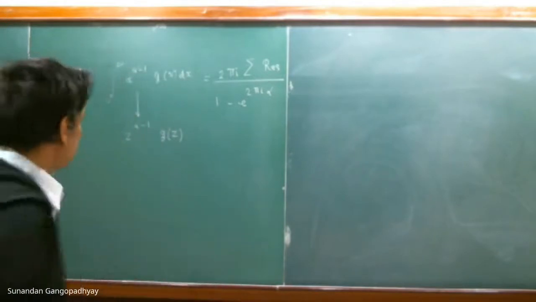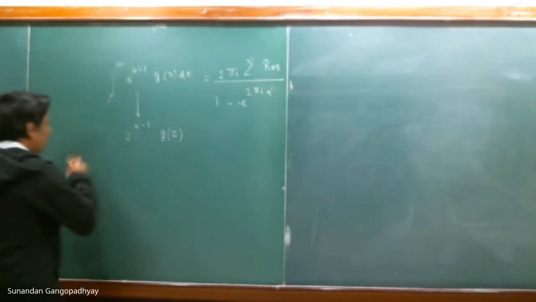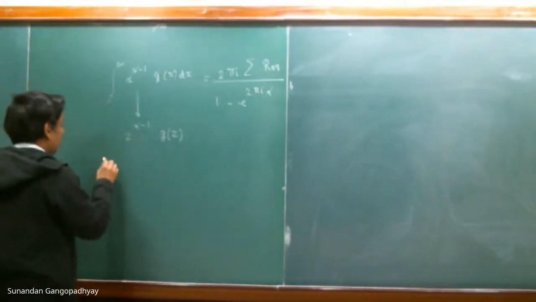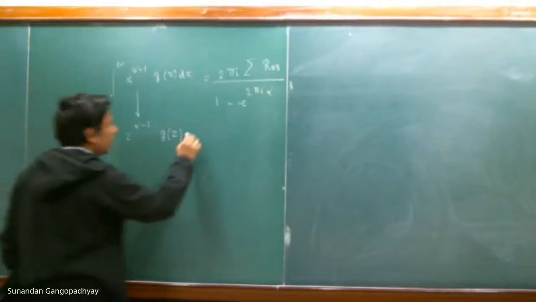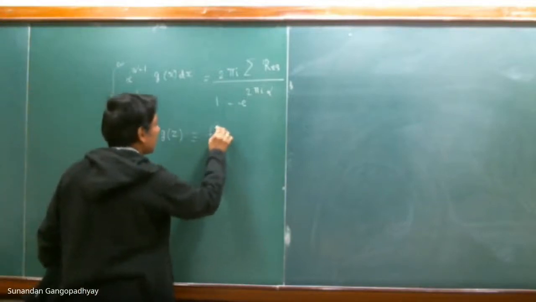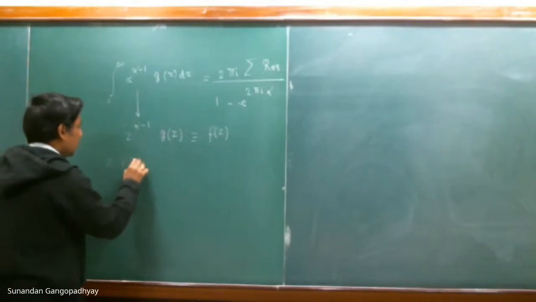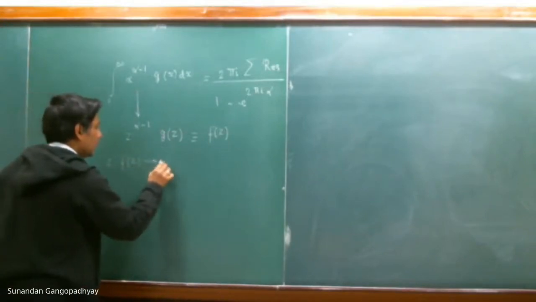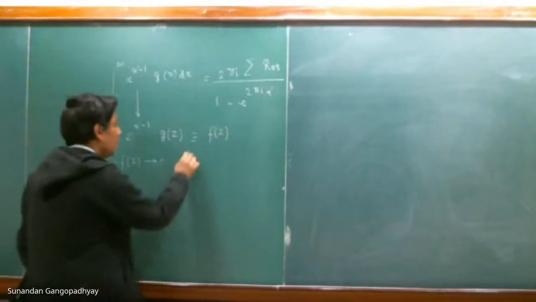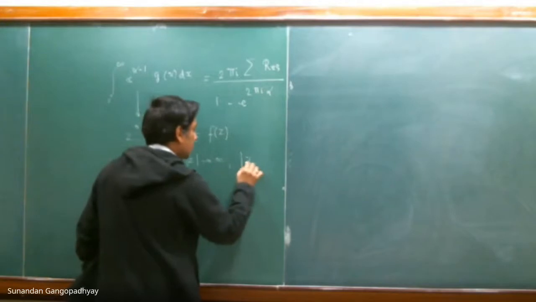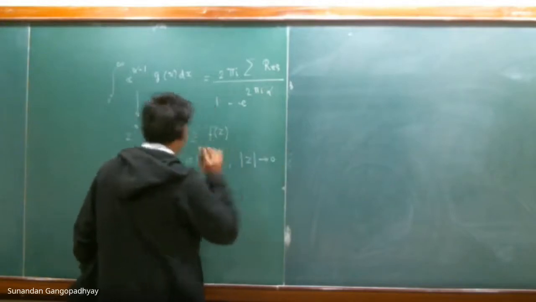Now we put in another condition. Let me call this function f(z). This result is true if f(z) tends to 0 uniformly as mod z tends to infinity as well as mod z tends to 0.